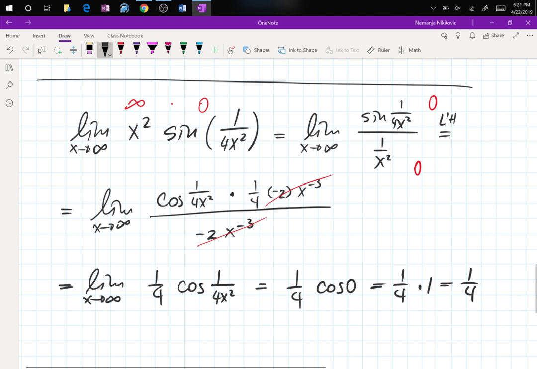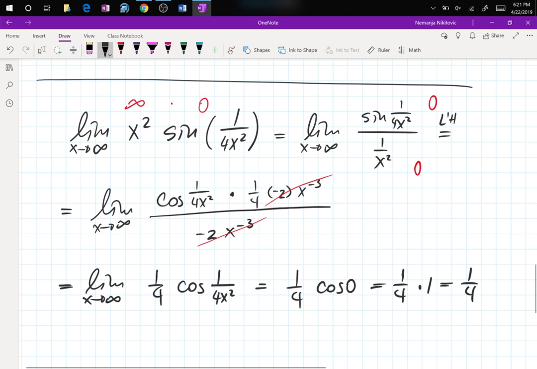Cool, right? So we got 0 over 0, infinity over infinity, and now 0 times infinity. All right, so we have 0 divided by 0 and infinity over infinity. That's our base.